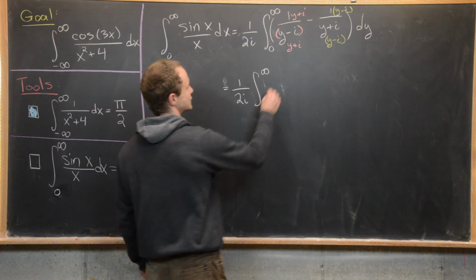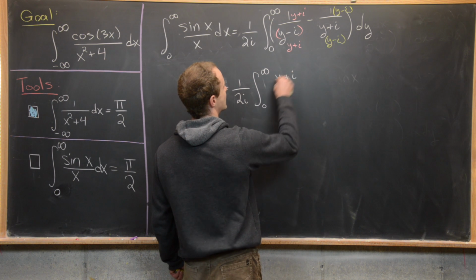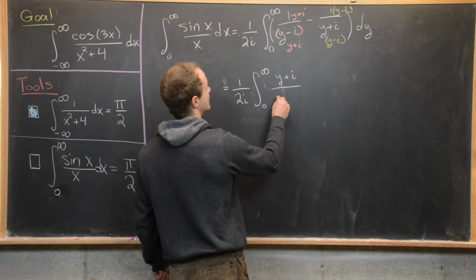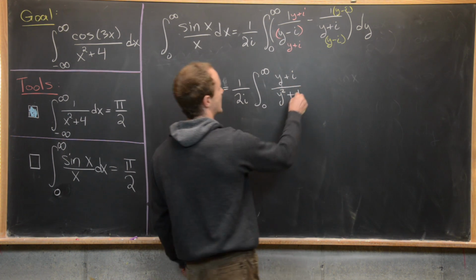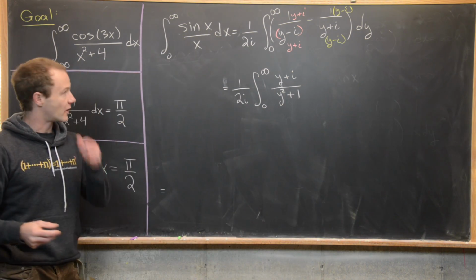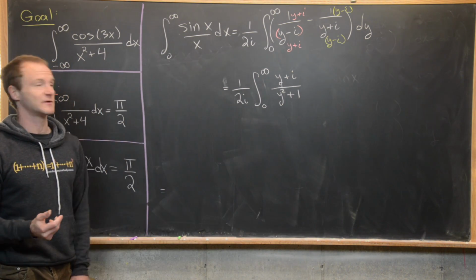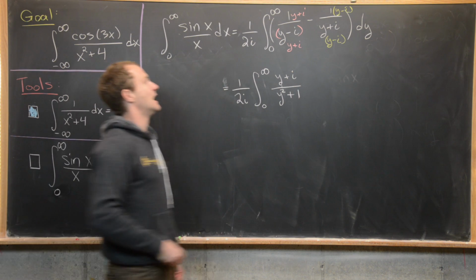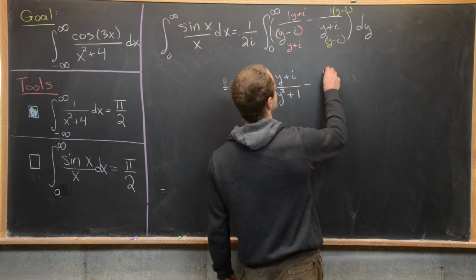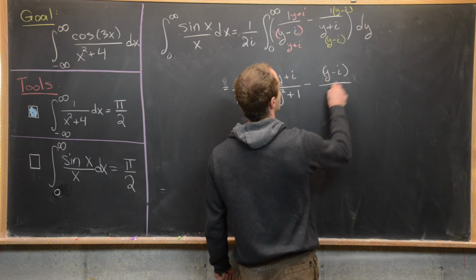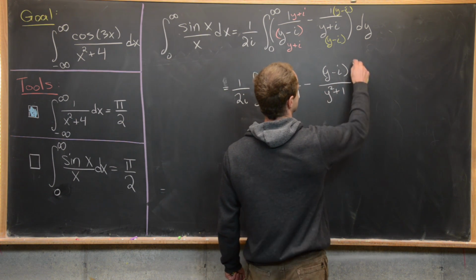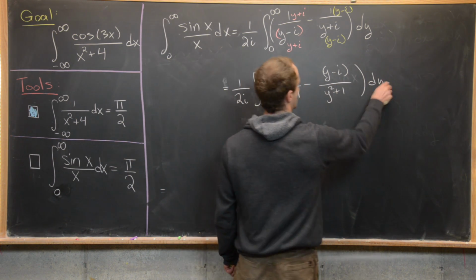This first term becomes y plus i over, and notice this is going to be y squared plus 1 after we FOIL that out, since it's essentially a difference of squares with i. And then we're going to have minus y minus i over another y squared plus 1 dy.